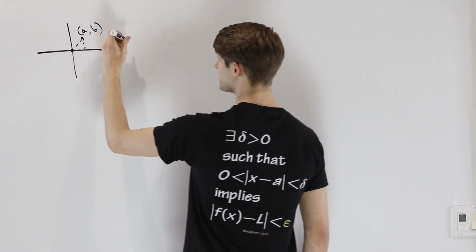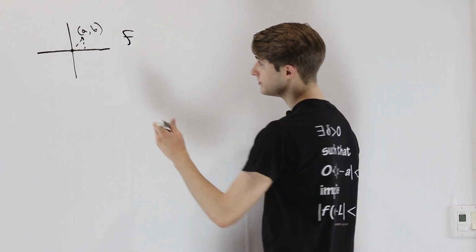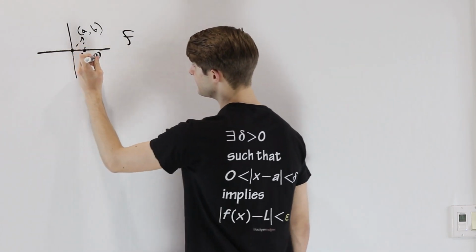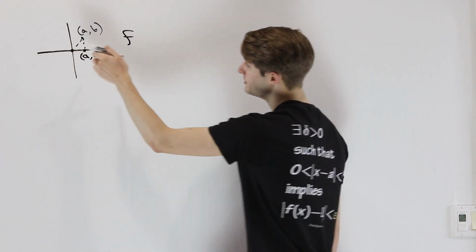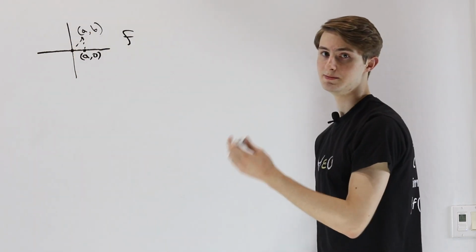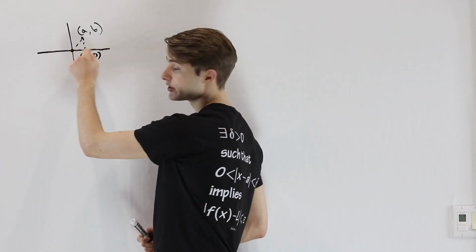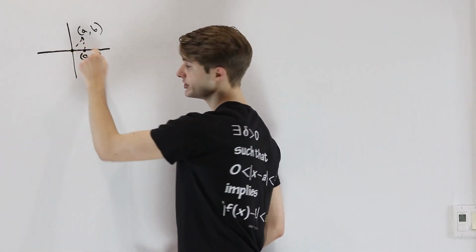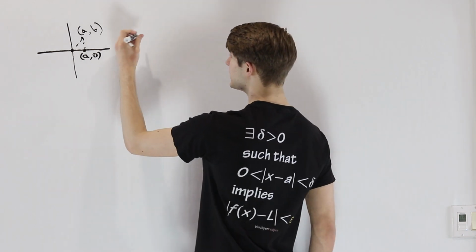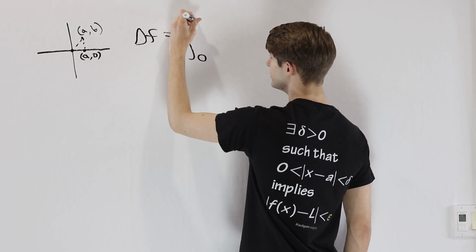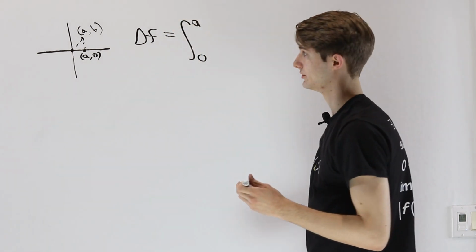So in this case, we can think about the function f going from the origin to this point here, which is (a, 0), horizontally, and then moving vertically up to the point (a, b). Now, when we first look at the change in the function along this horizontal segment from the origin to the point (a, 0), we can think about that, the change in the function, as coming from an integral from 0 to a in the horizontal direction.